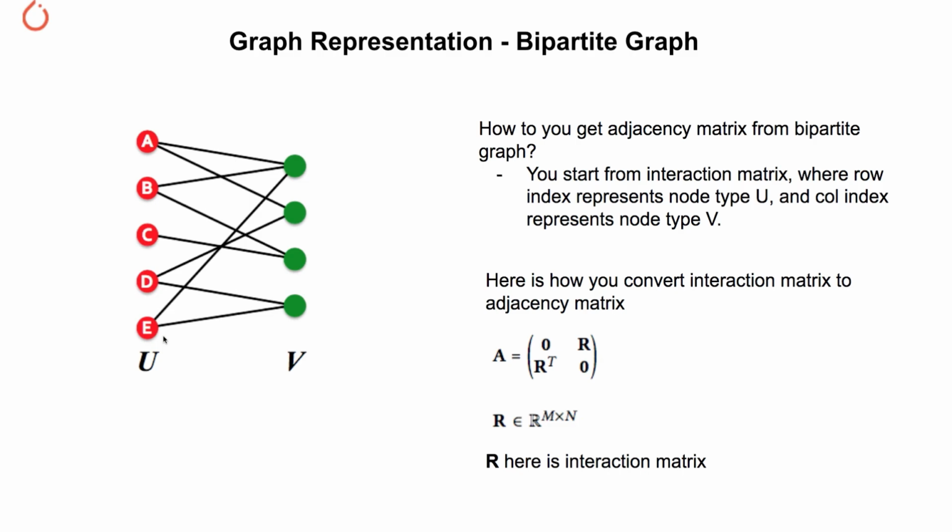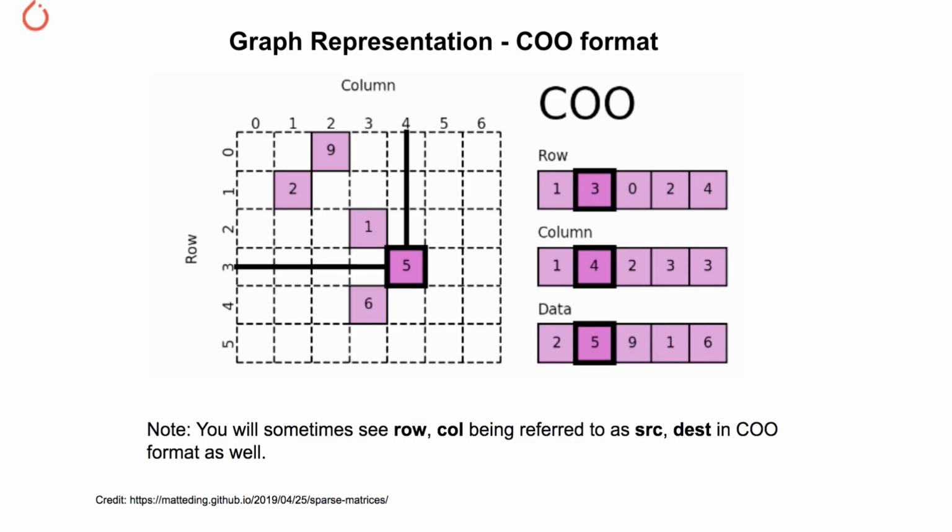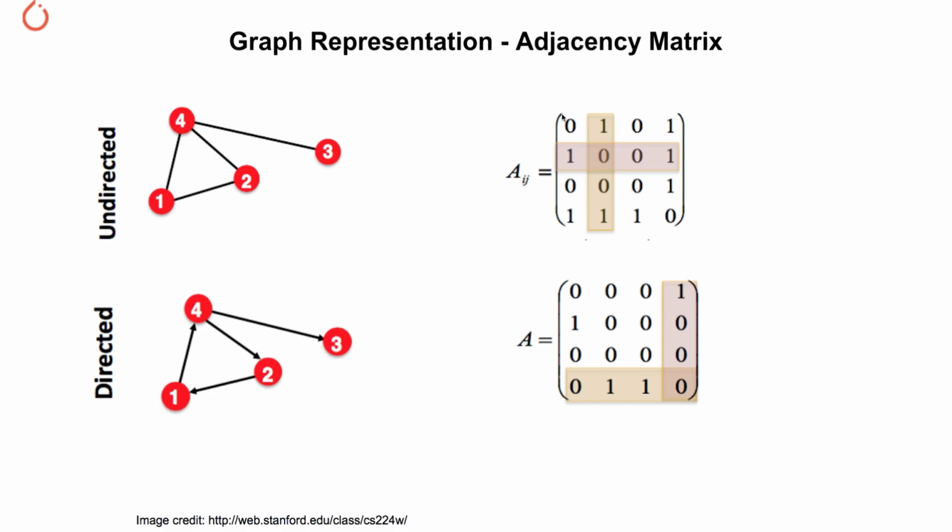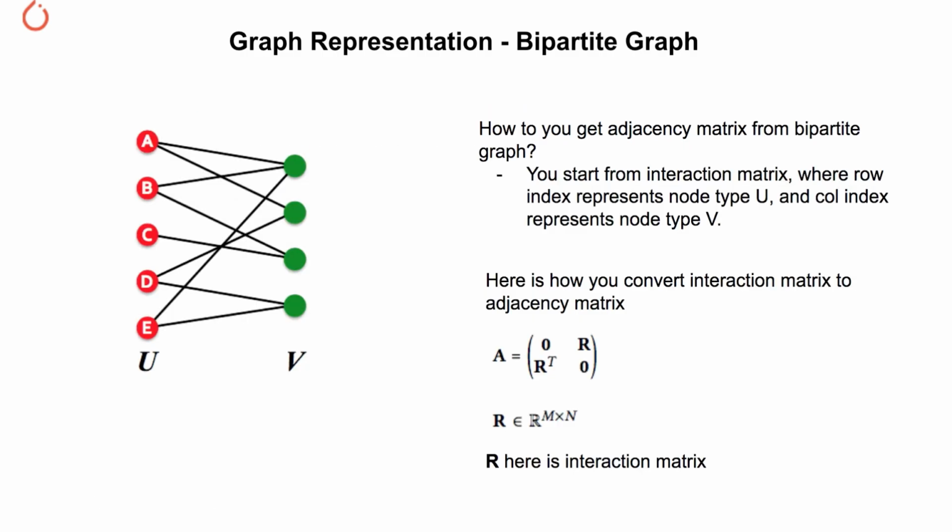So how do you get an adjacency matrix from this bipartite graph? As I mentioned earlier, by definition of the adjacency matrix, the column index and the row index are supposed to refer to the same node, but now we have two types of nodes.